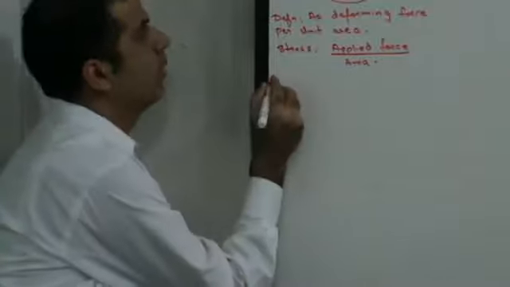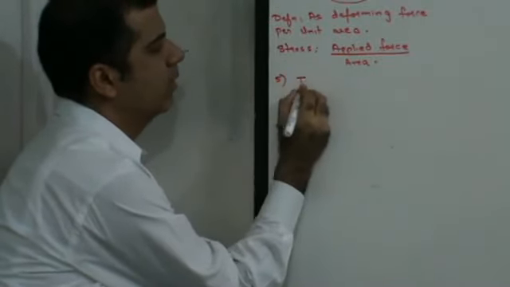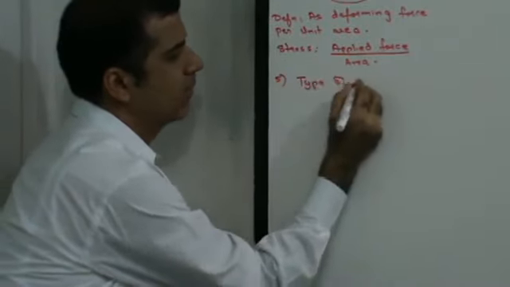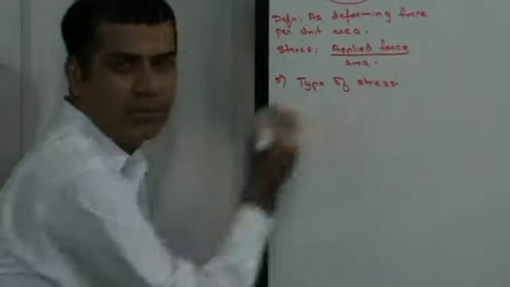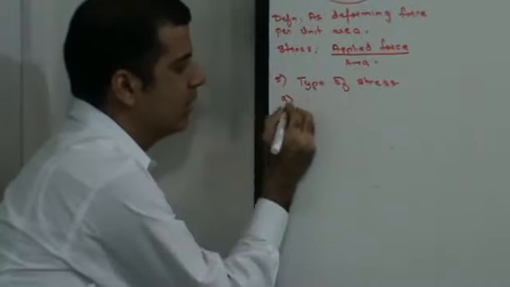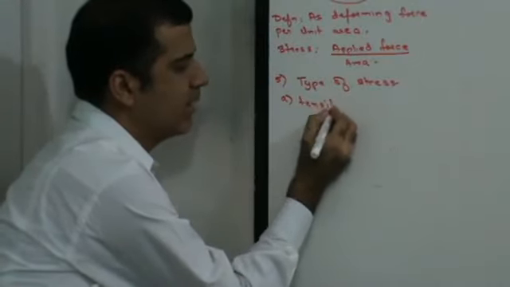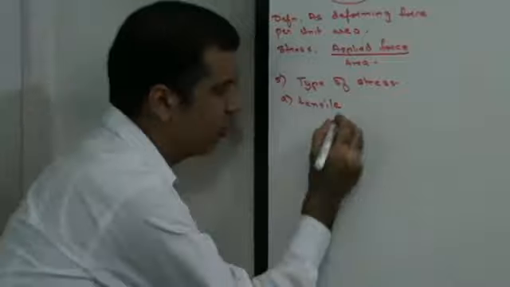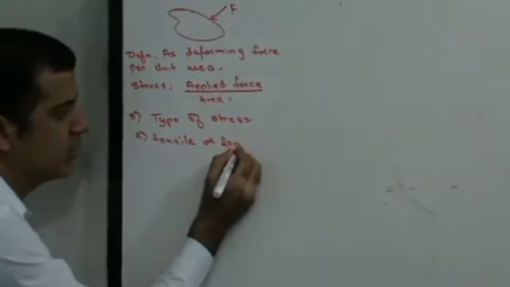Next, types of stress. Right? When we talk about stress, there are three types of stress. One is called the tensile stress, which is also called the longitudinal stress.